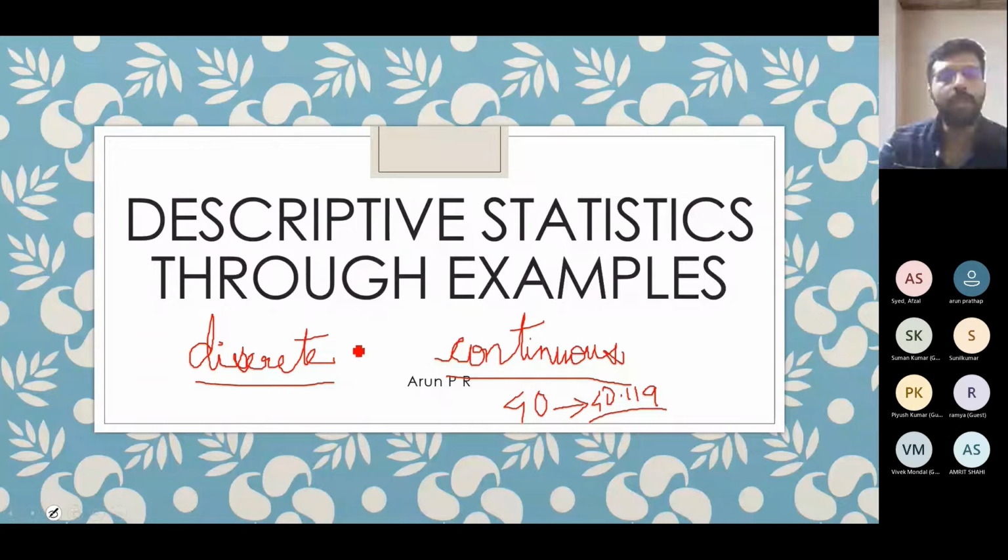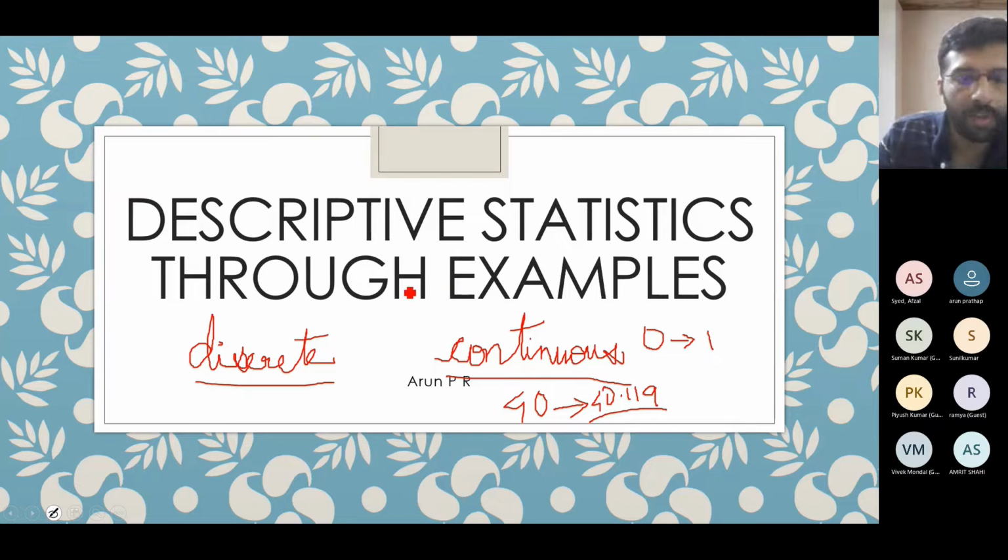So this is uncountably infinite. It can take values between 0 and infinity, and even between 0 and 1, again it can take infinite values. We cannot count the total number of values which the data can take in a distribution. So such kind of data, we will say that the data is continuous.